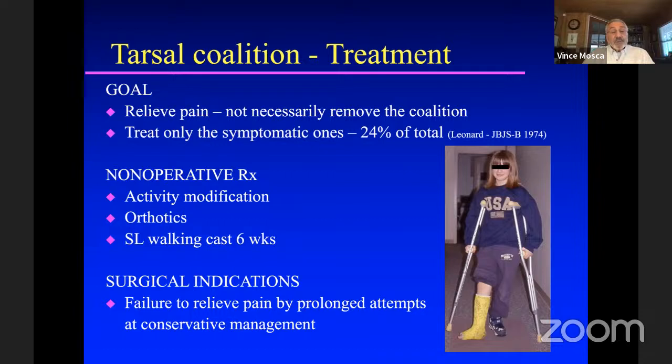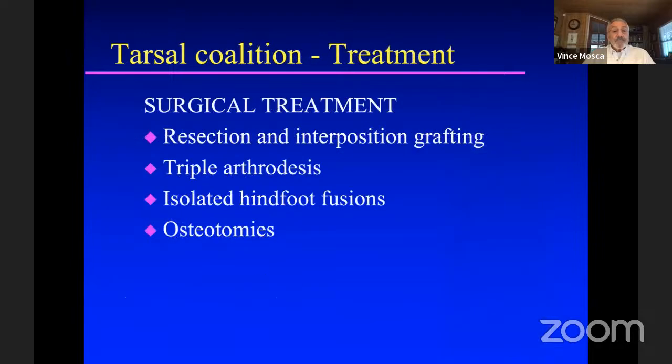But if those non-operative measures cannot relieve the pain in the 50 to 70% of cases, then that would be the indication for surgery. And as for surgery for painful tarsal coalitions, where you've not been able to eliminate the pain, one can resect the coalition and interpose something to prevent it from growing back.